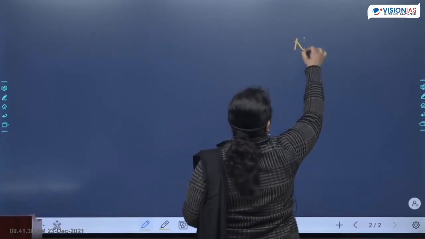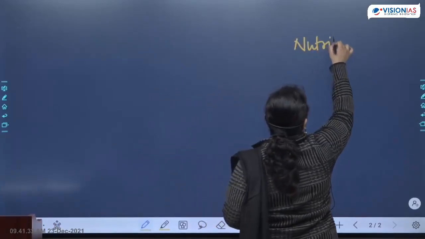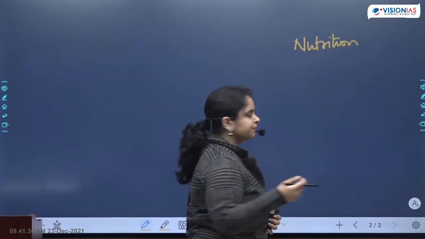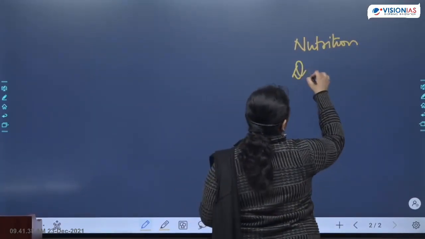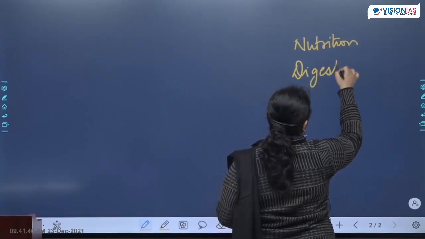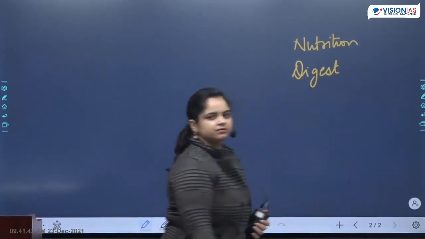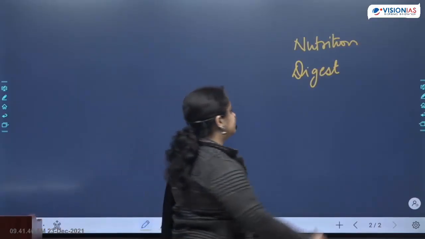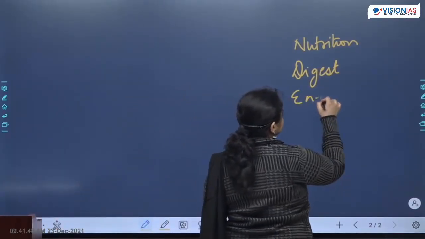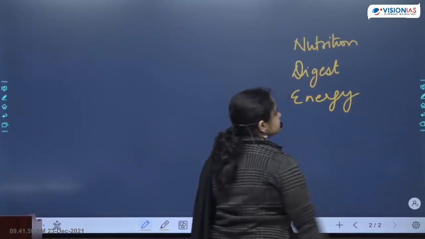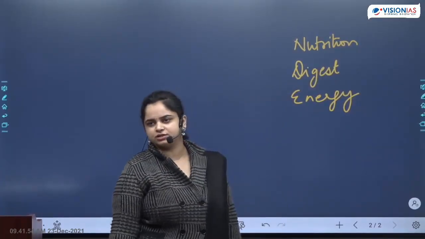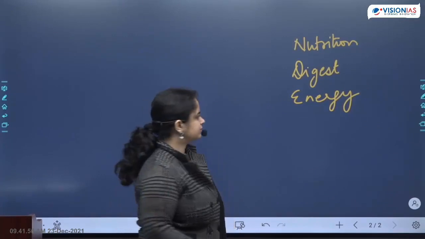So we spoke about nutrition. That's the first thing which everybody will do. Take on some food. Then that food will have to be digested. Digested means broken down. Then it will have to be utilized to produce energy. Once you're breaking it down, you need energy to do all the different functions.